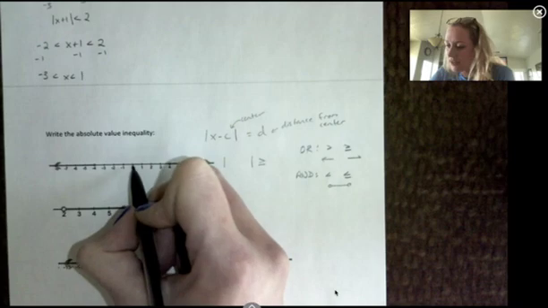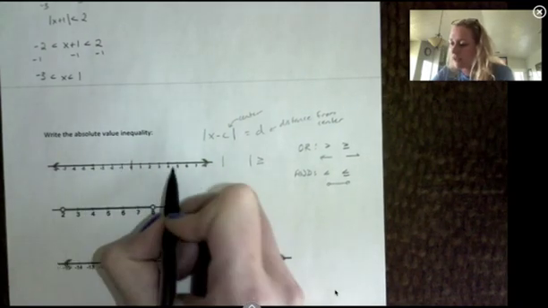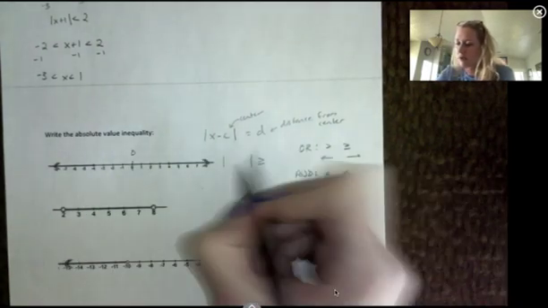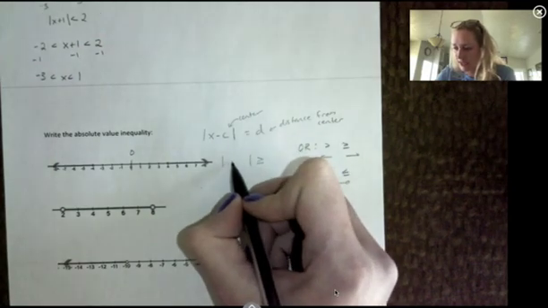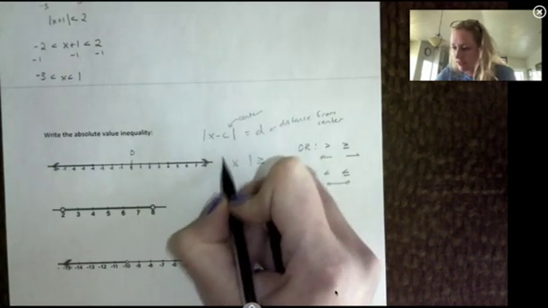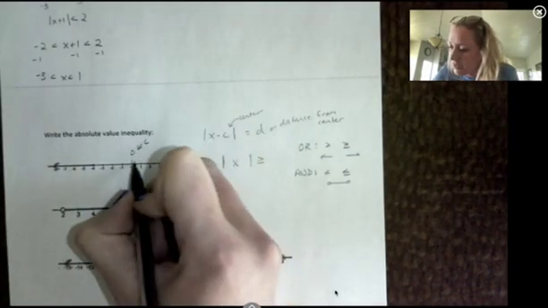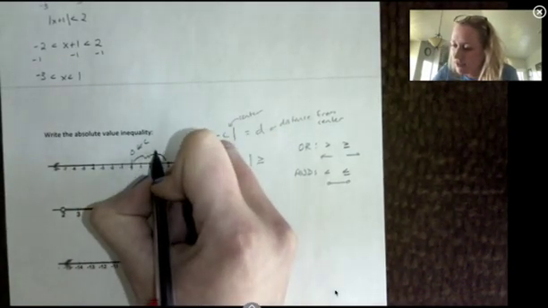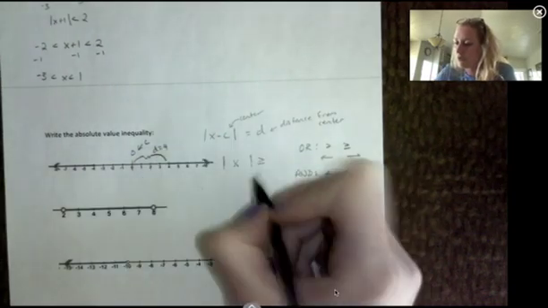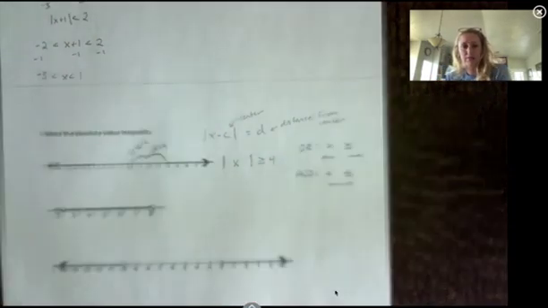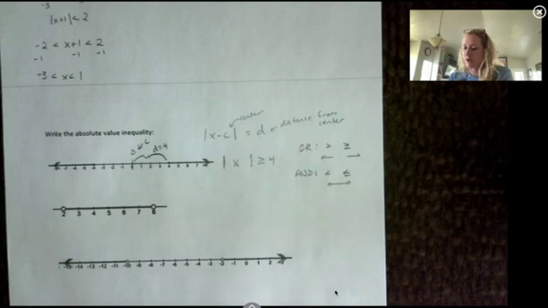Okay, so the center here between where those points are is 0. So x minus 0 or just x. Okay, so absolute value of x. Now my distance, so that's my d, my distance is how far it is from the center to that value. So it's 4. So that would be absolute value of x is greater than or equal to 4.